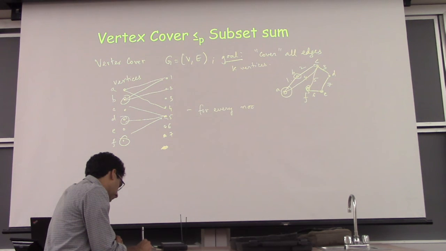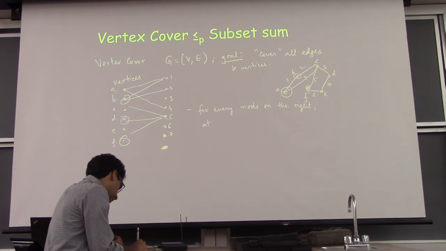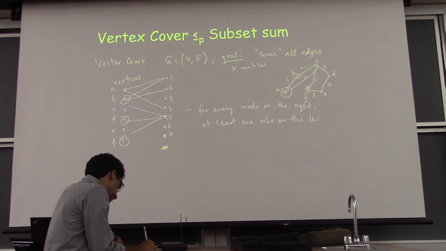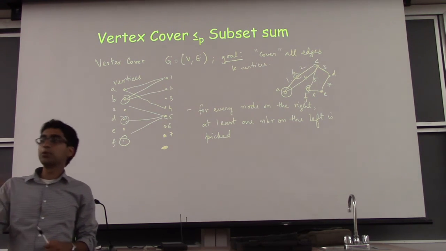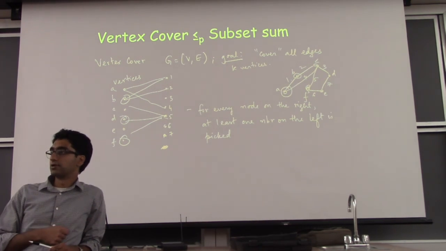For every node on the right, at least one neighbor on the left is picked. Okay. So this is when you would say that it's a valid vertex cover.